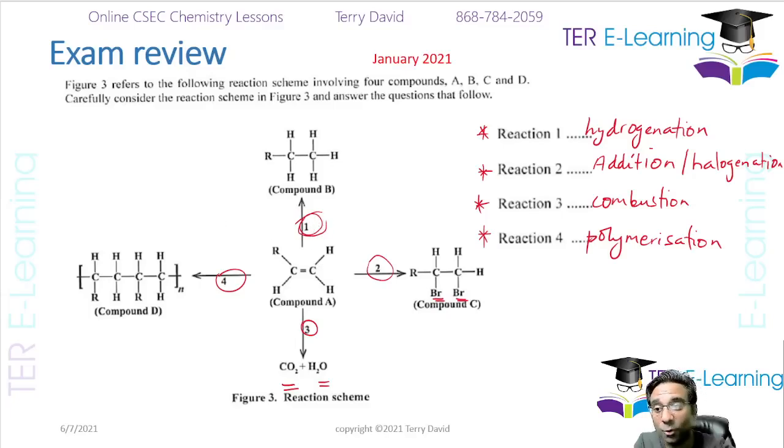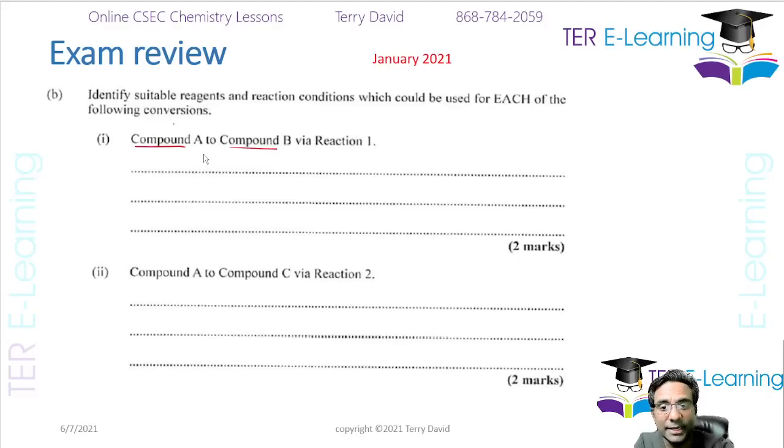So here's what you need for that reaction, guys. You need hydrogen gas, so H2 gas. You also need something called a nickel catalyst. You need to learn these things off. And apart from that, you need an appropriate temperature, about 150 degrees Celsius.